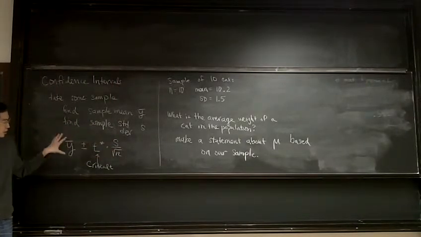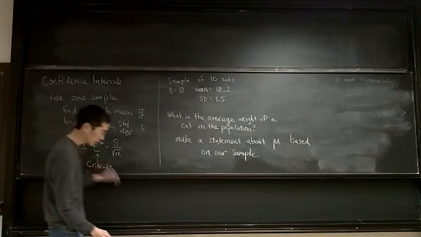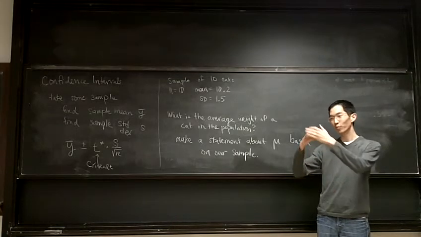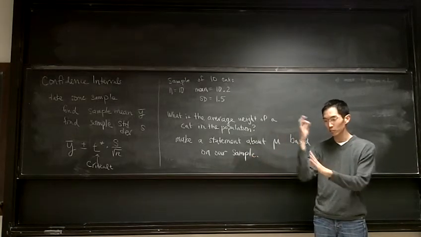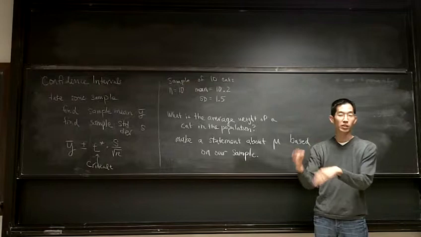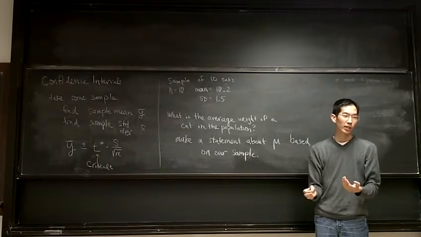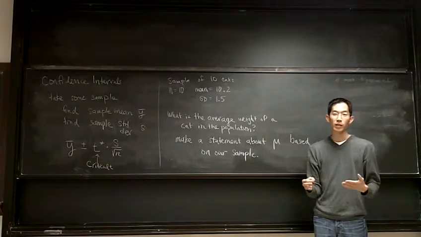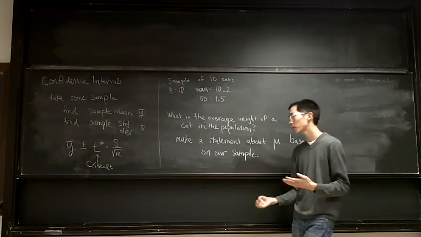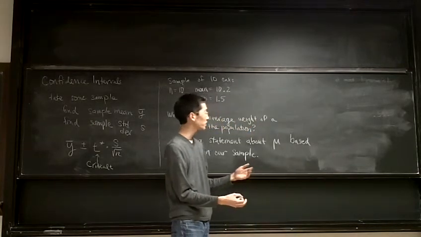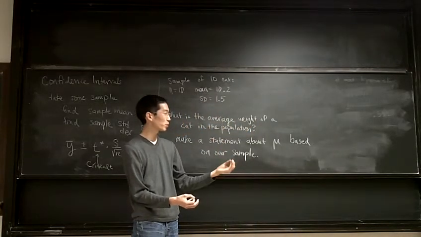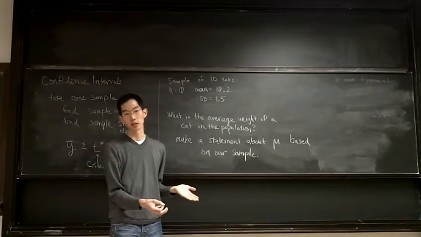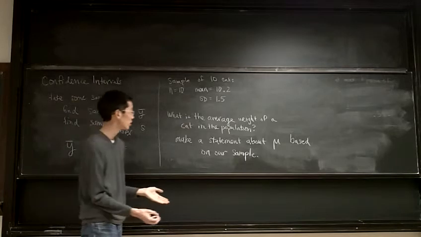The reason we can do this with such a precise formula is that if the population has some mean and some standard deviation, every time we take samples, the sampling distribution should follow a normal model. Because we know the properties of the normal model, we know that most of the time our random samples will produce sample means that are close to the population mean. That's why we can do that.